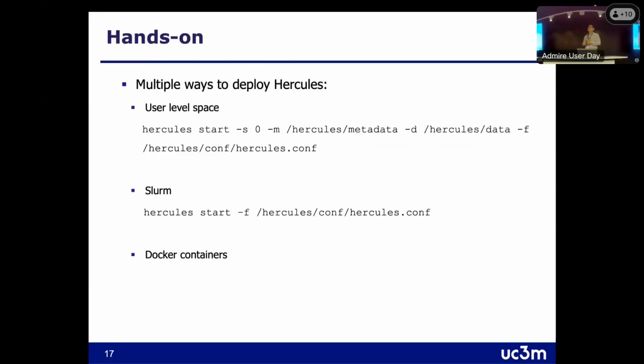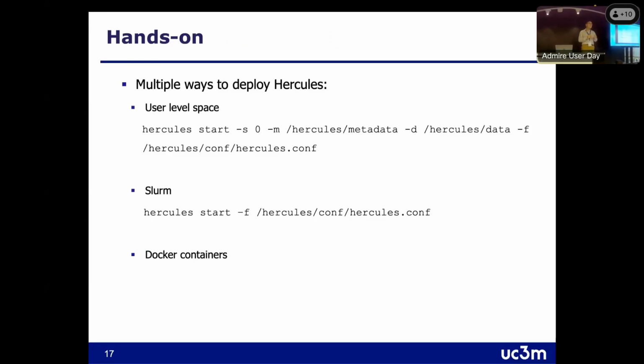How to deploy Hercules? Okay, the way to deploy Hercules is very similar to the deployment you have seen in Gecko. Basically, we have a deployment of Hercules that can be done in user space. We don't need root permissions for anything. And this is the way of starting Hercules.